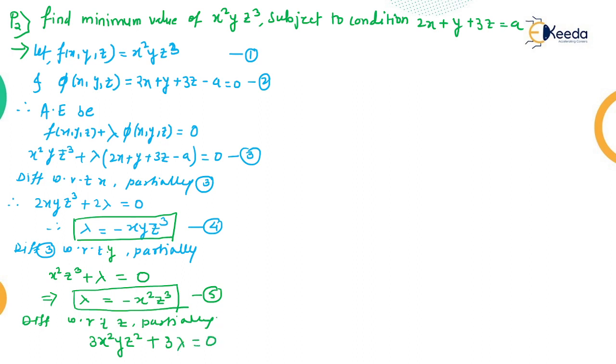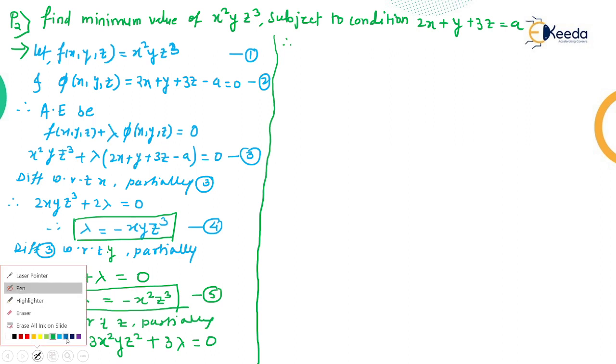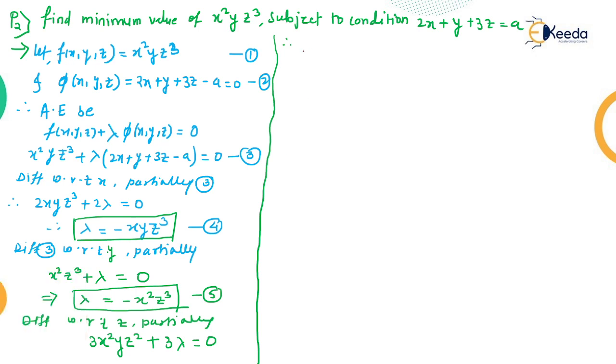Eliminating λ, we get λ = −x²yz², which is the value of λ after differentiating with respect to z partially. For reference we call this equation number 6.